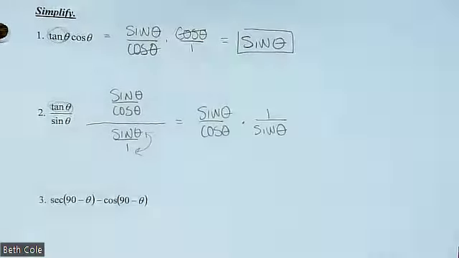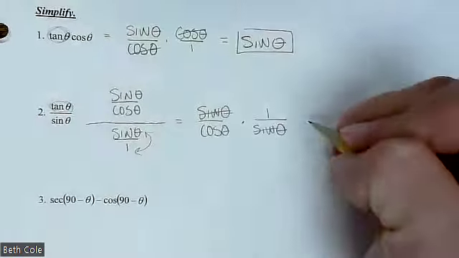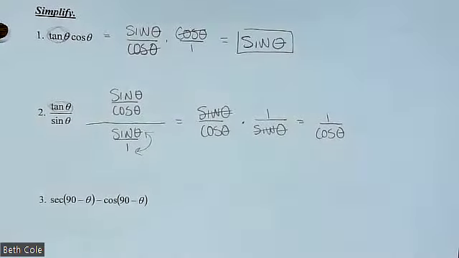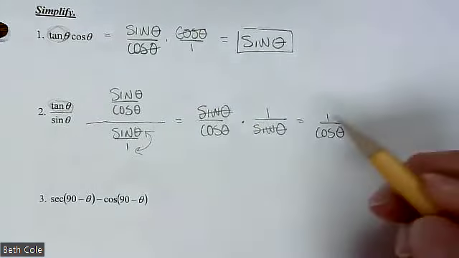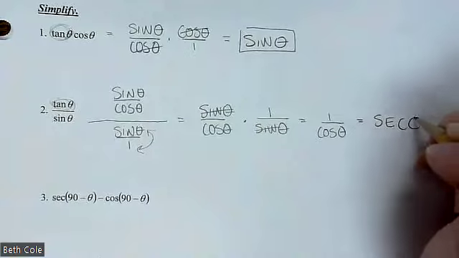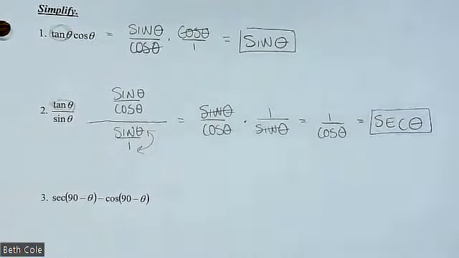Then what? Sines cancel, so you get 1 over cosine. And then there is one more step. That's a reciprocal identity because it's the 1 over something. What's the reciprocal of cosine? Secant. And again, you already know it. Don't view it as new information. You already know it.